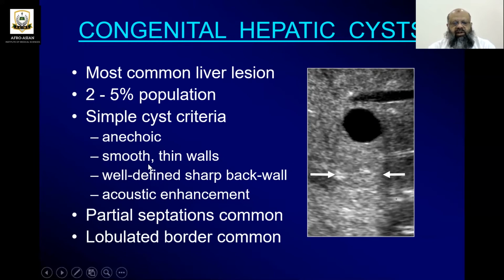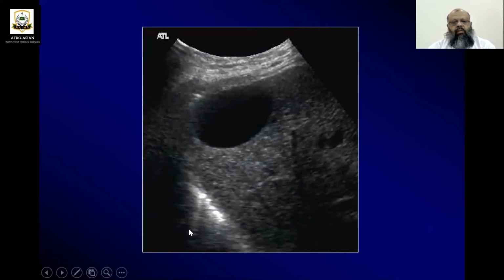Some of the cysts can have partial septations, which are common, and lobulated borders are also common. There is another cyst near to the capsule of the liver. You can see the thin wall.